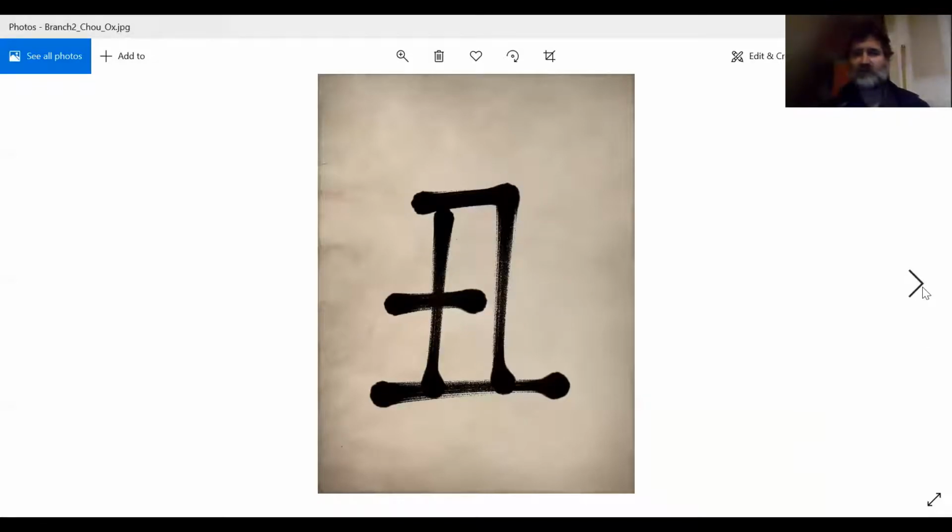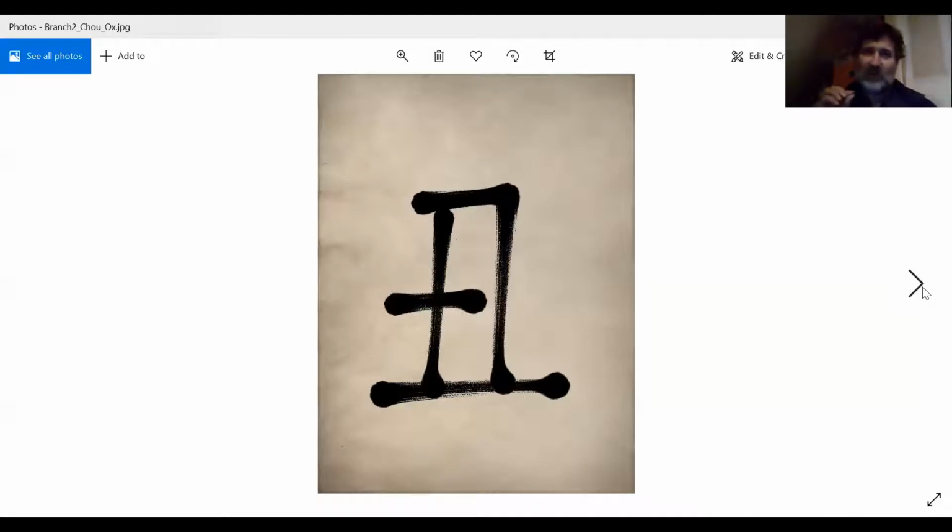And next is ox. If rat is the heart of winter, that initial popping open of the seed, ox is that process between the popping open of the seed and the shoot working its way to the surface of the soil.